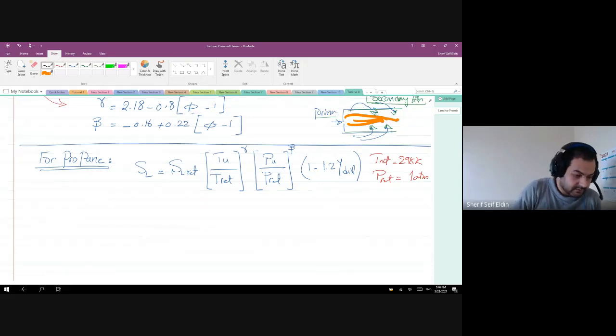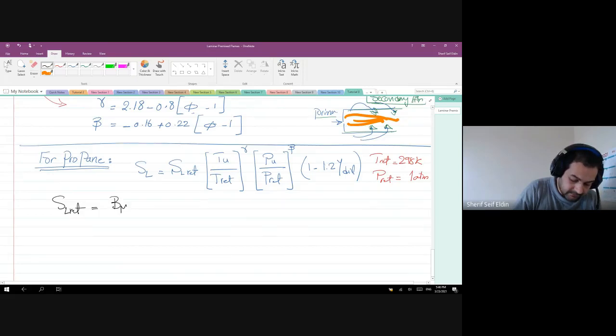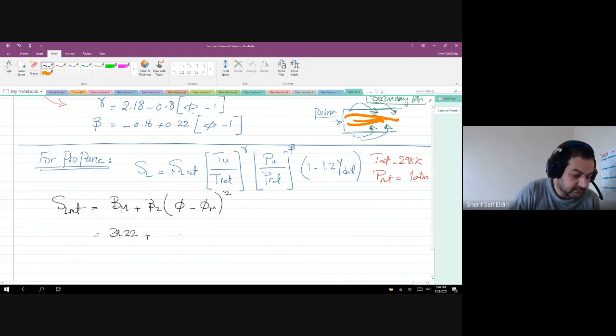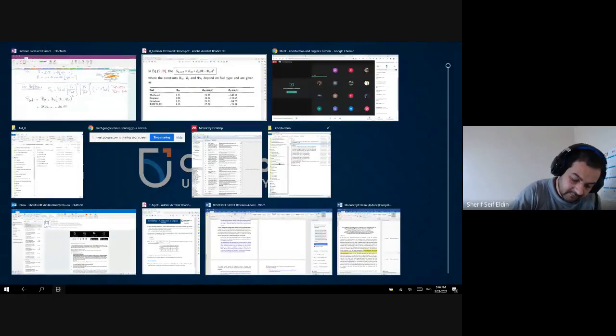So the solution for that SL reference is Bm plus B2 times phi minus phi m squared, and this is going to give you, for propane, Bm is 34.22, and B2 for propane is minus 138.65. Those are in centimeters per second, as I showed to you here, all right?